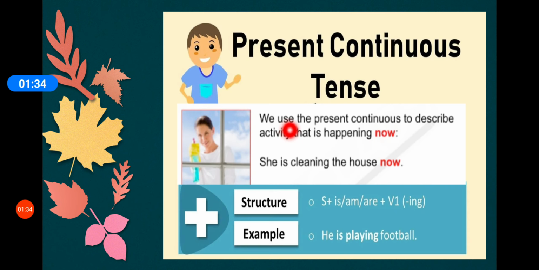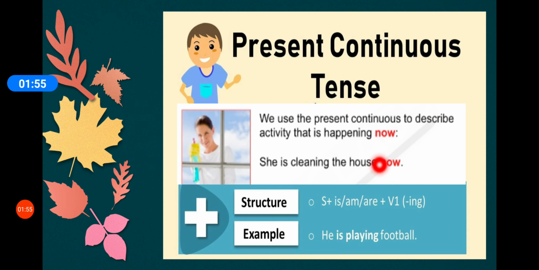We use the present continuous to describe activity that is happening now. Yes, we use this tense to talk about actions that are happening at the time of speaking.